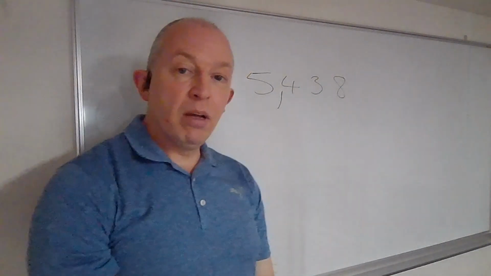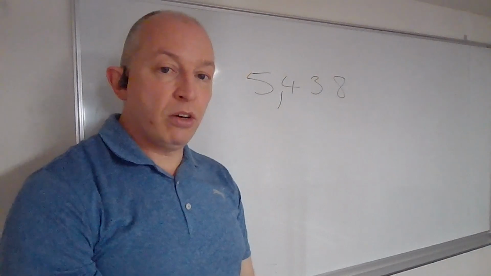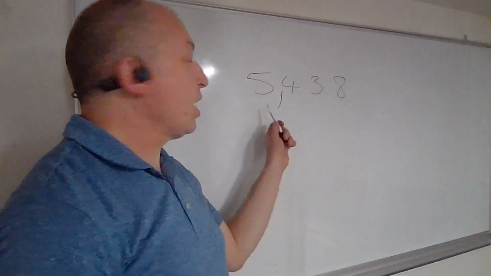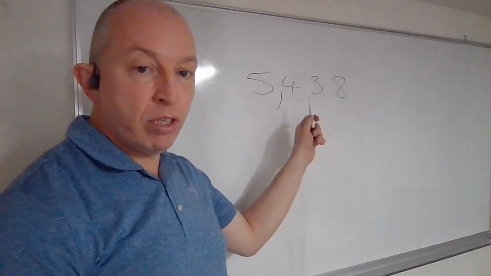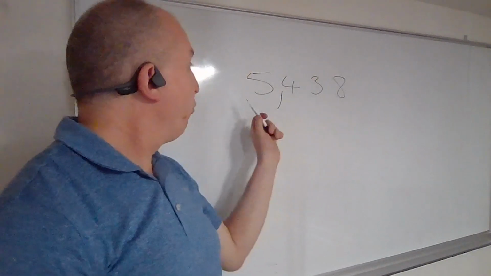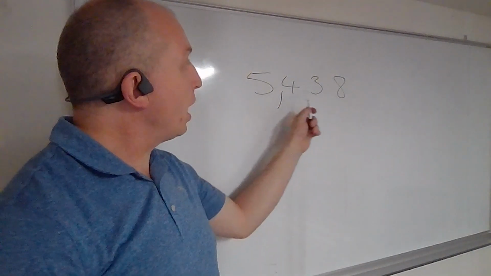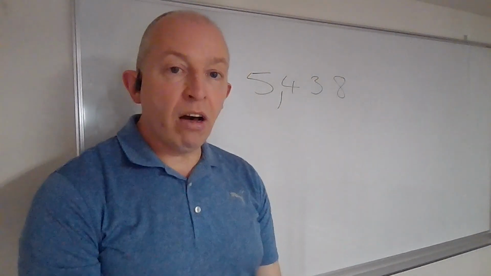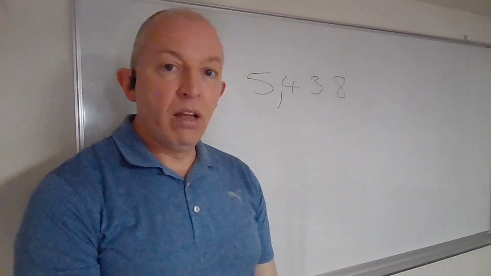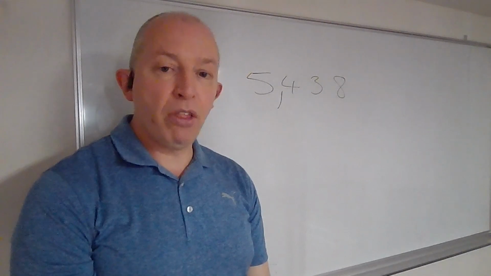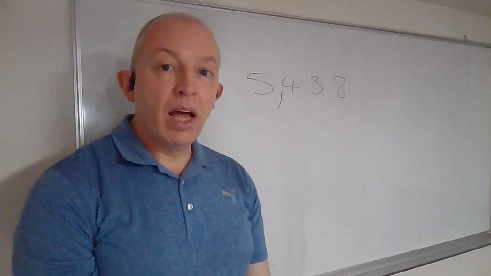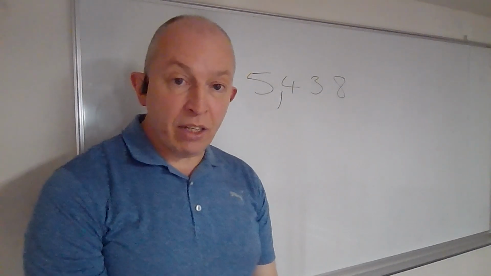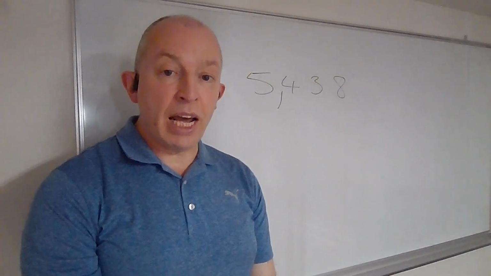The first comma means 1,000. So we have 5,438. Remember to say and after 100. Now, in American English, they don't use and.